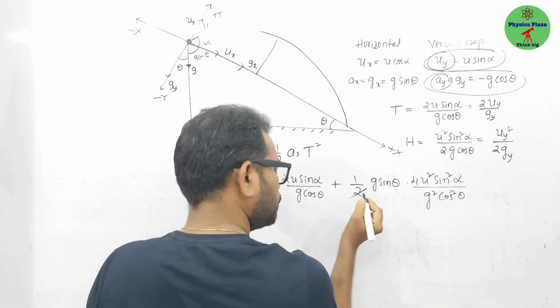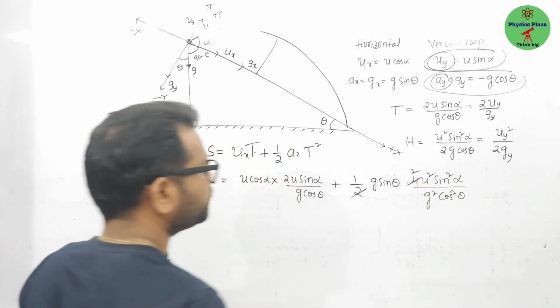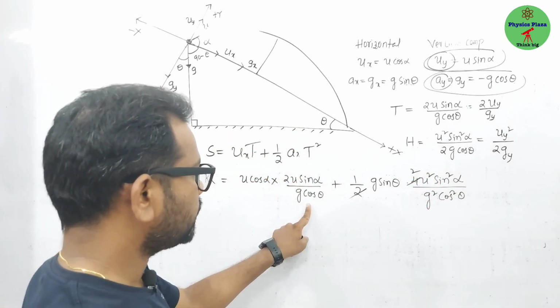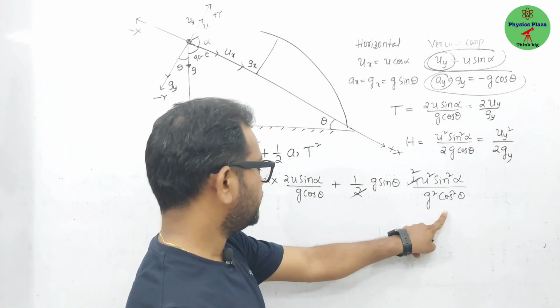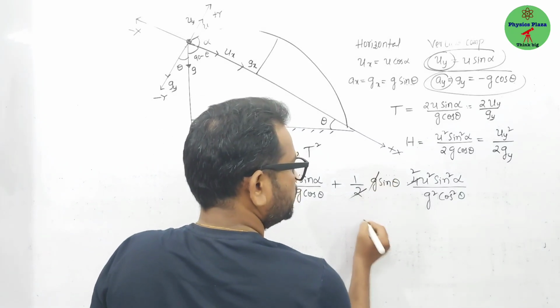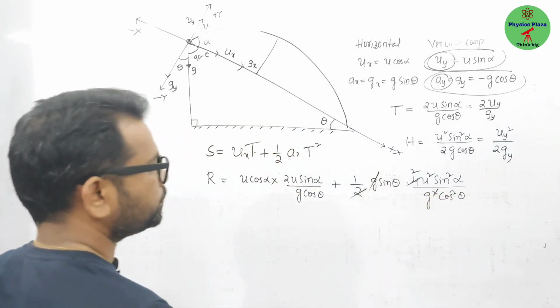So the 2s cancel, and g square will get cancelled.